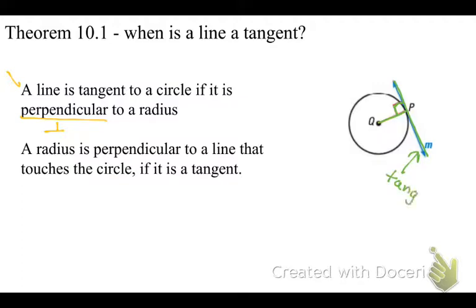So it works both ways. If you're told that this line is a tangent, then you know it is perpendicular to a radius. If you're told that this line is perpendicular to a radius, then you know that it's a tangent. So it works both ways.